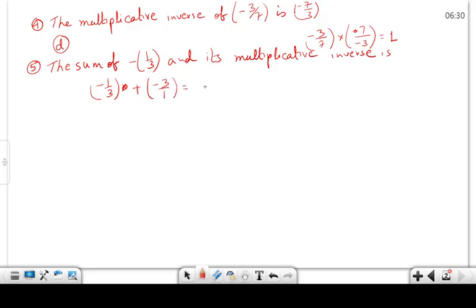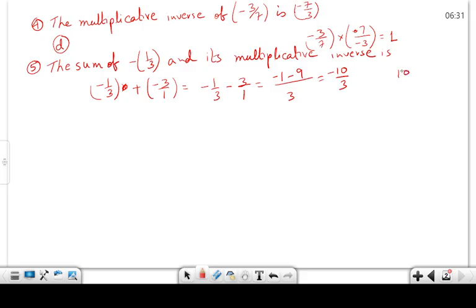And the sum means you have to add this number and its multiplicative inverse. So we get minus 1 by 3 minus 3 by 1. If we take the LCM, the LCM is 3, therefore minus 1 minus 3 times 3, that is 9, and we get minus 10 by 3.